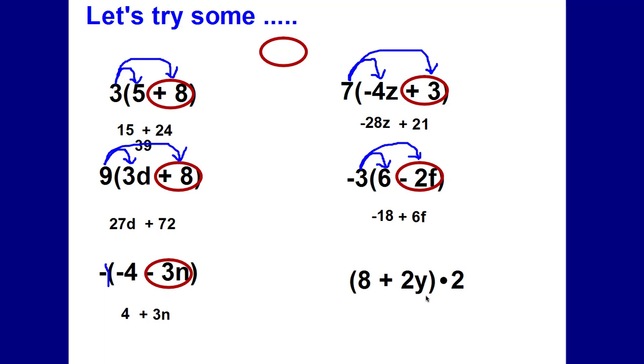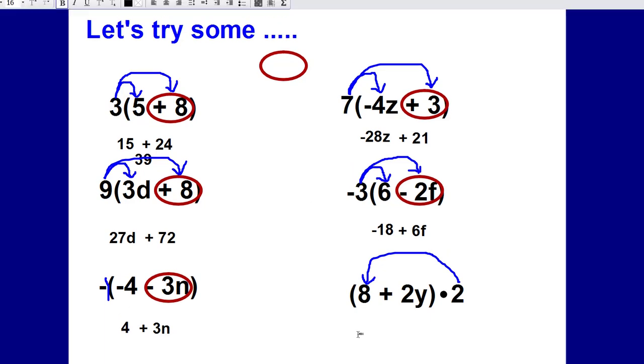And our last example. Now, this is not the correct way to write this with the number of groups behind the grouping. Really, this 2 should be in front of it, but sometimes you're going to see it written like this, and you still need to be able to simplify that. It doesn't change. You're still going to distribute this 2 to each term inside the parentheses. So my first term is an 8.